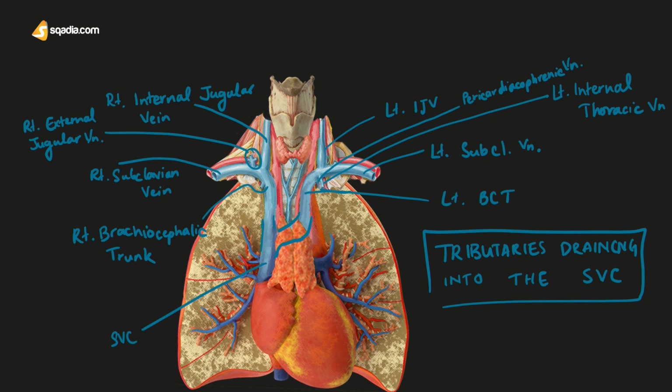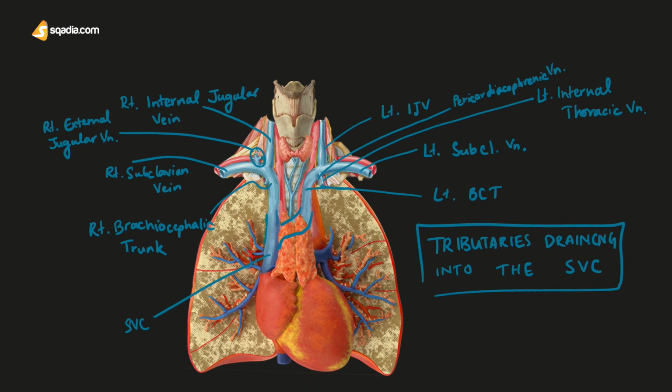The anterior jugular vein drains into the external jugular vein before it meets the subclavian vein at the level of the clavicle. So here we can see the anterior jugular vein draining right into the external jugular vein.